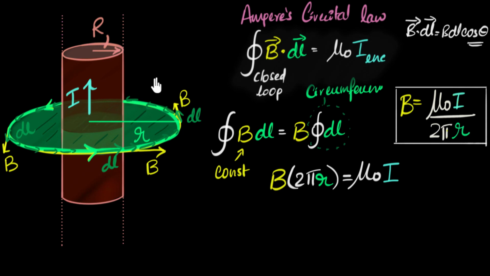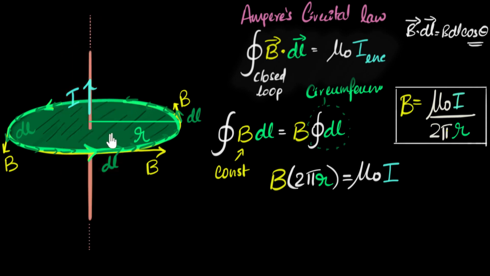What's interesting to see is that capital R is not in the picture at all, which means the thickness of the conductor doesn't matter. So whether this was a thick conductor or a thin wire, as long as the current punching through was the same, the magnetic field remains the same. Incredible, isn't it? Is this obvious? Not at all. But Ampere's law helps us understand that.